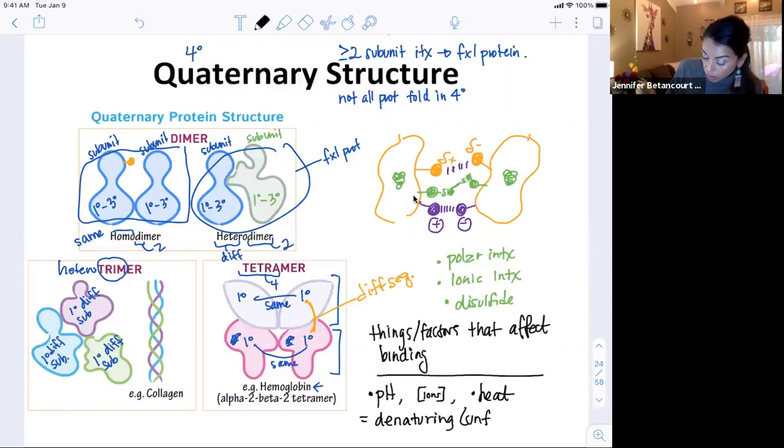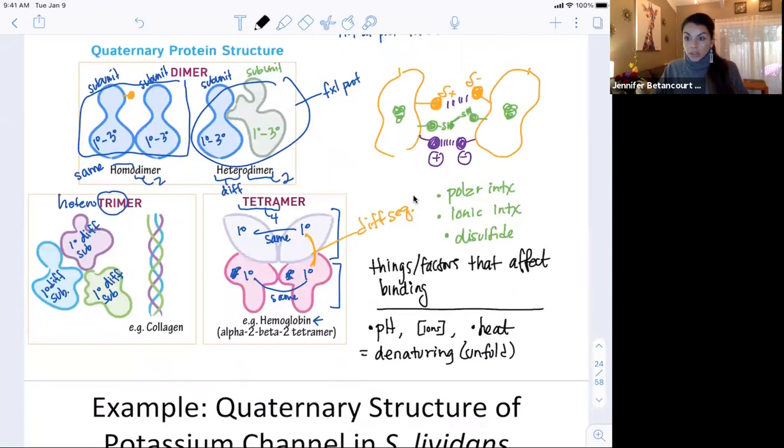Okay. And this unfolding, obviously, if structure equals function, if you start unfolding the protein, you're starting to ruin the function of the protein. And so cells have mechanisms to recognize denaturing and stop it before it gets too bad. These mechanisms of detecting and repairing are called chaperone proteins.